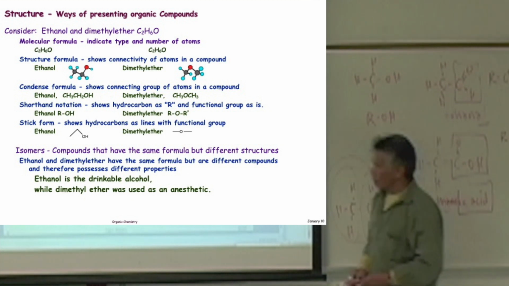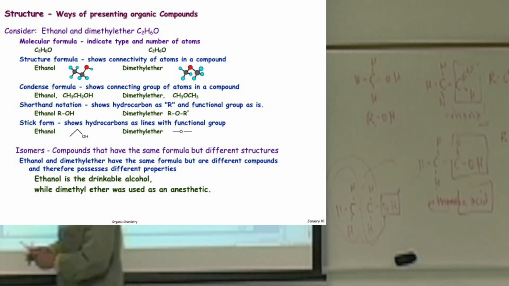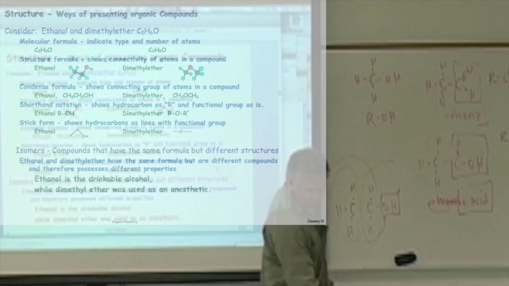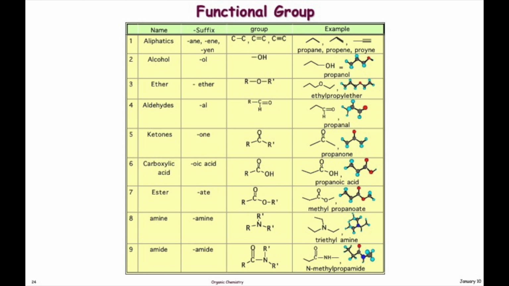Okay? What are functional groups? Functional groups is this right here. Let me show you this slide. It's that part of the organic compound that is responsible for the type of chemistry that occurs. So these are all functional groups. The OH in the organic compound, like in methanol and ethanol, that's the functional group.